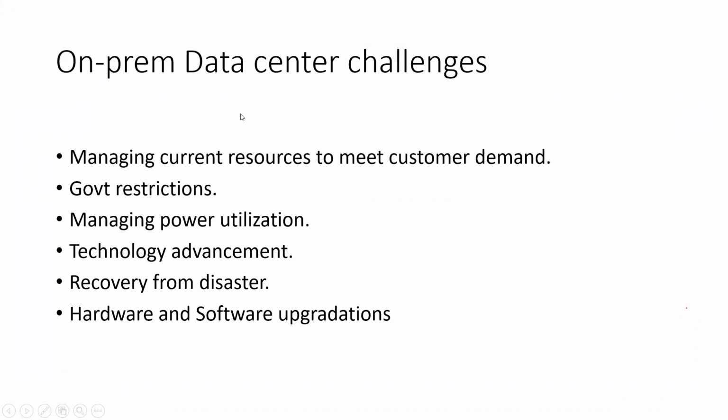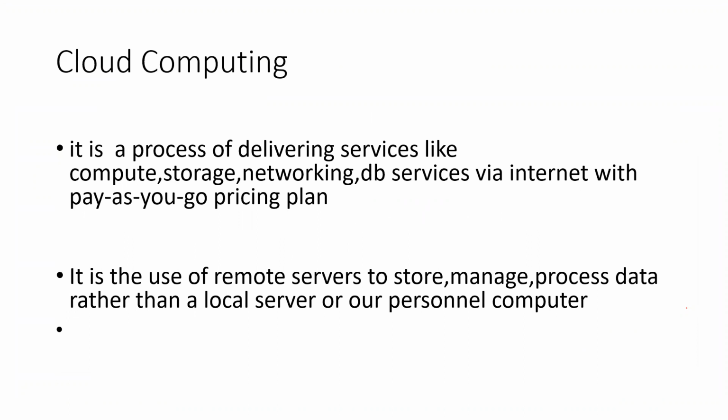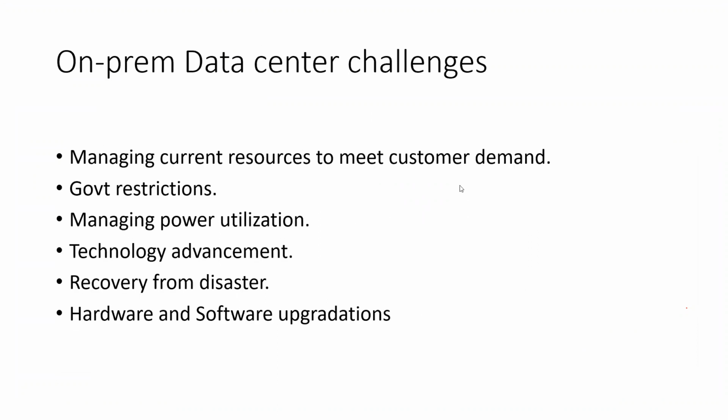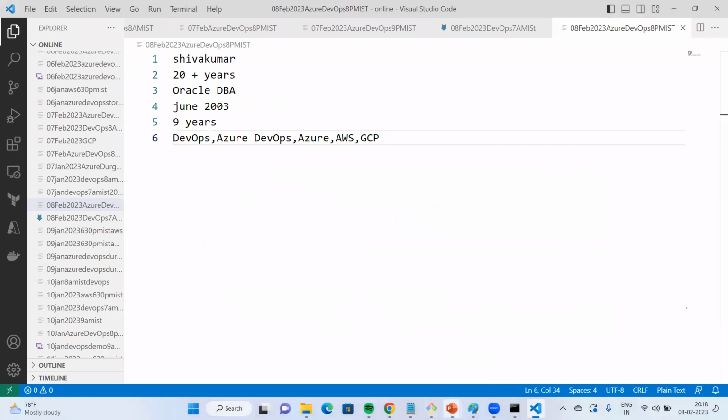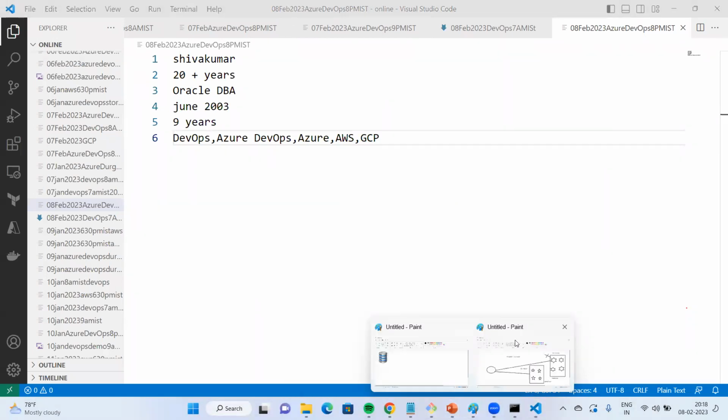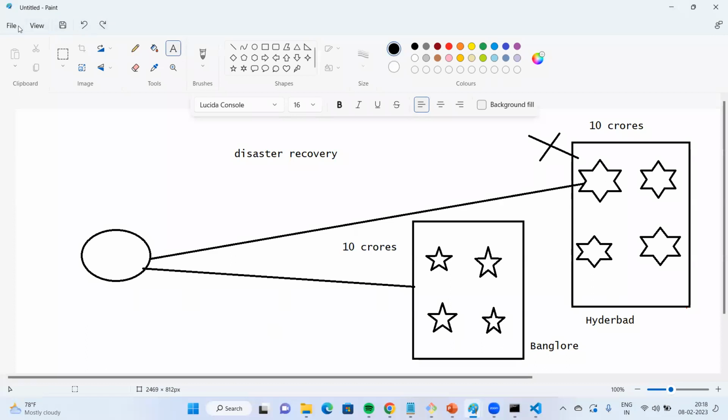Now, to overcome all these problems, there is one more situation I can explain: why cloud is required, why people are moving to clouds. One more simple example we can assume. I'm going to take a new paintbrush.